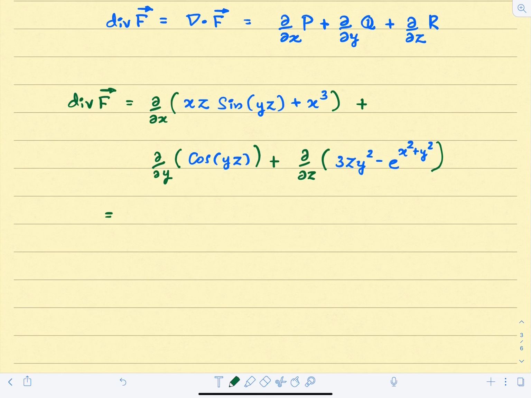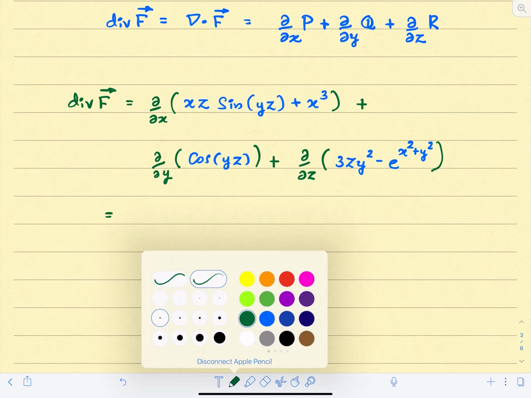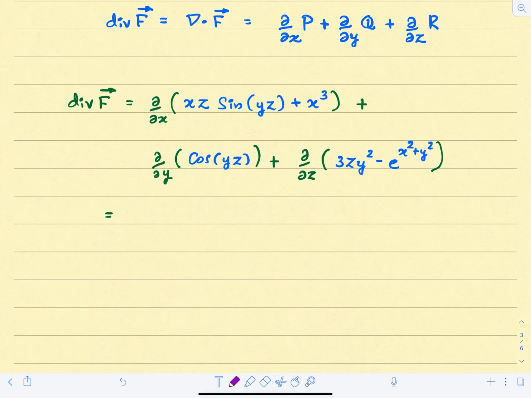And so let's take the derivative of the first component with respect to the x variable. Therefore, we have to treat the variables y and z as if they are constants. So then you will get z times sine yz plus 3x squared. Okay.